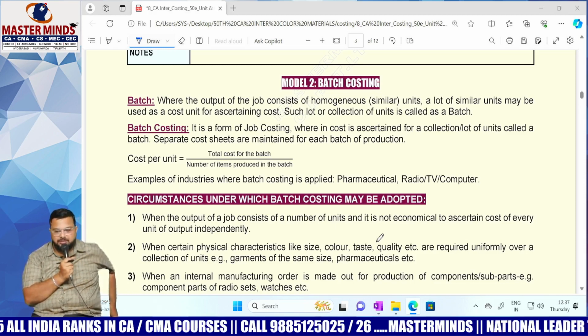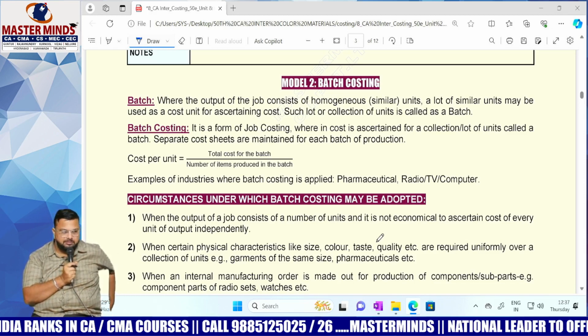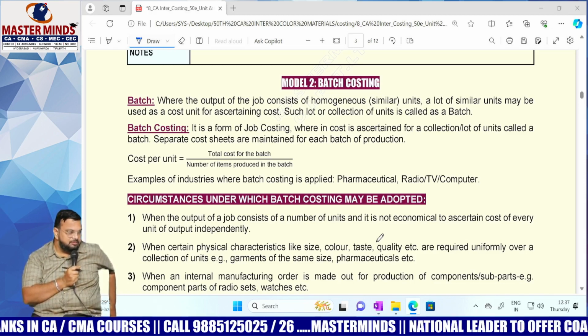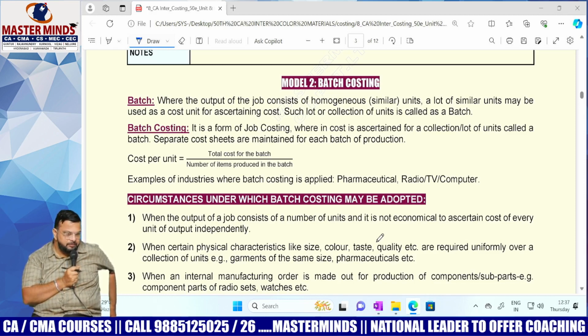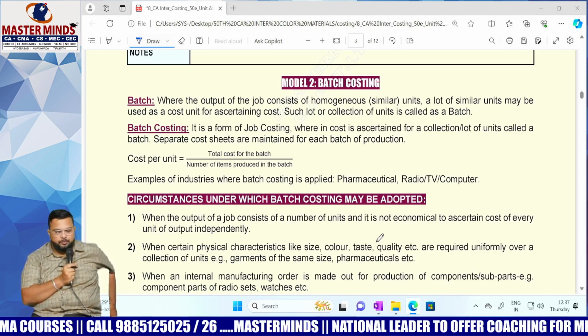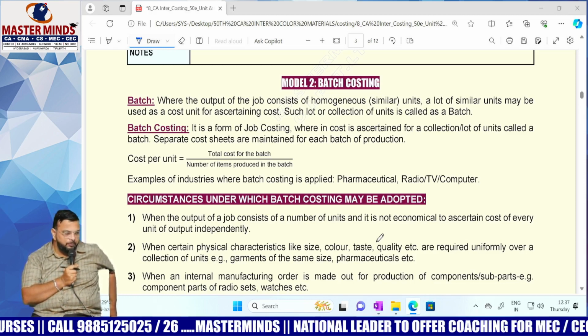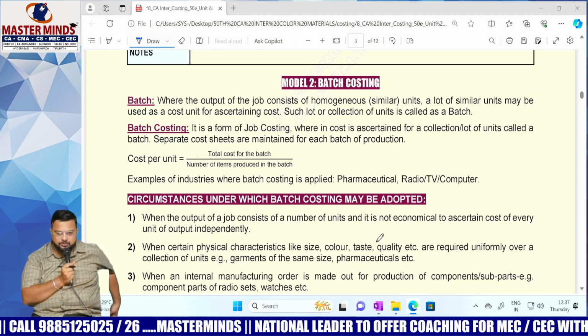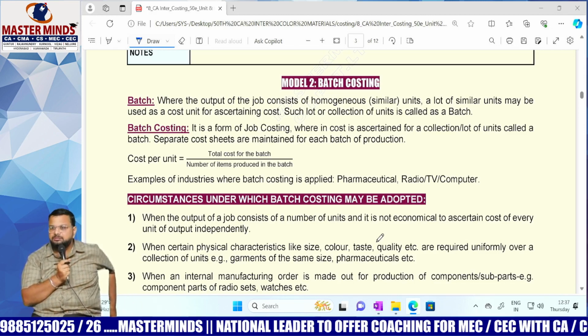Make it fast, don't waste the time. Just go to the assignment problem. Solution is also available to you. If you're able to understand the question, skip to the next problem. If I complete that one, I will start the next chapter, batch costing. Problems are very, very easy.